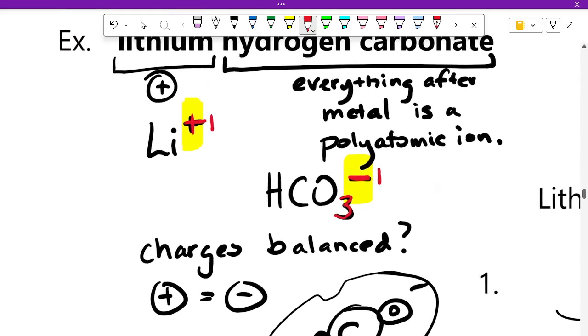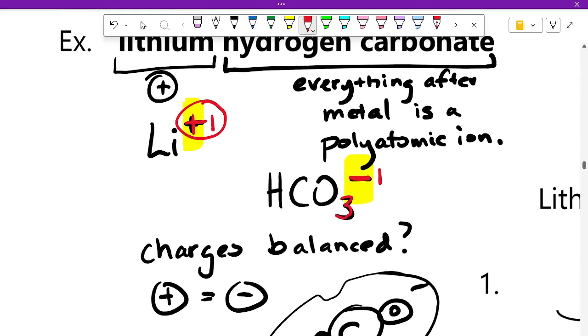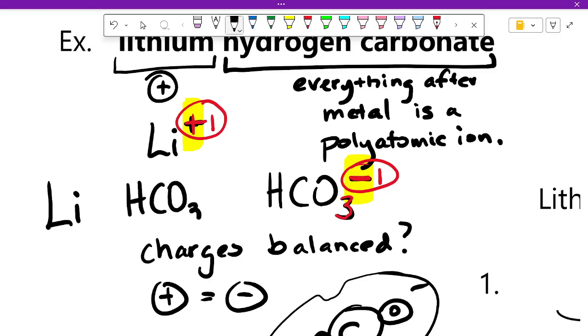So are our charges balanced here? Is +1 equal to -1? Well, obviously not equal, but are they equal and opposite? Yeah. So we only need 1 lithium, Li. Do we put a 1 at the bottom? No. And we need 1 HCO3. Do I write the HCO3 over here?